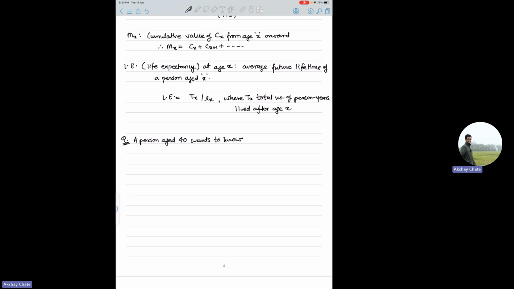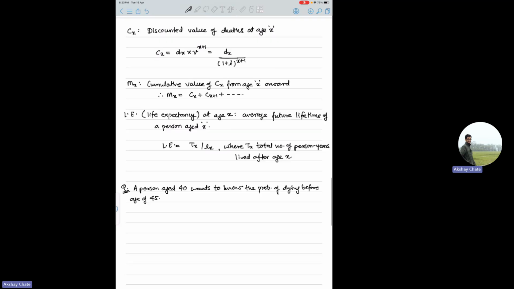Use a mortality table to find the value.